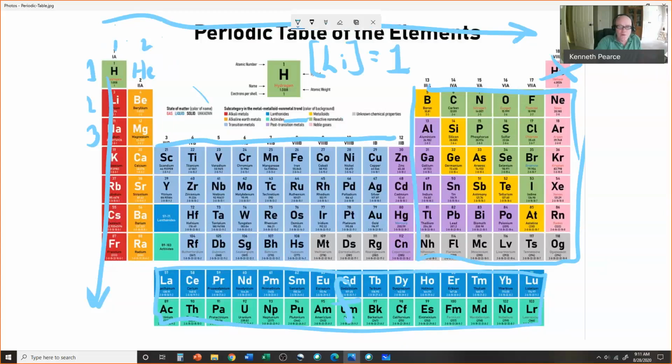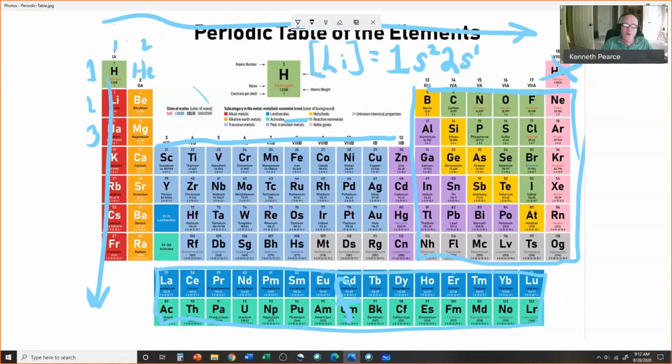And we say 1s, and there's 2 electrons on the first row between hydrogen and helium. Then we drop down to the second row and we say 2, and lithium is still in the S block, and there's 1 electron. So we say 1s2, 2s1 for lithium.